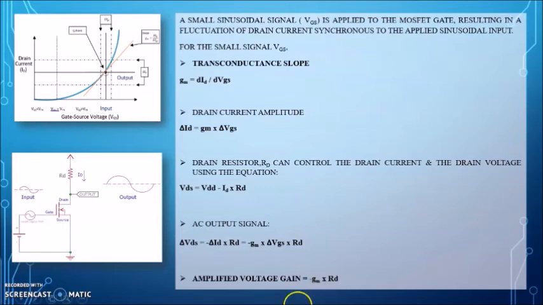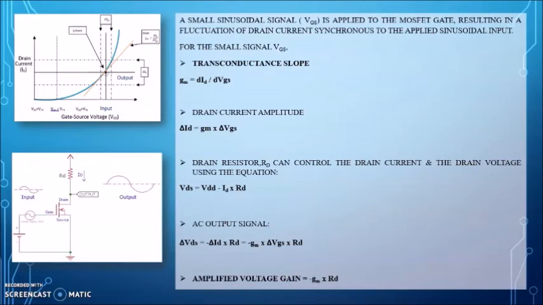For the small signal VGS, the transconductance slope gm equals dID over dVGS, and the drain current amplitude id equals gm multiplied by the difference of VGS. The drain resistor RD can control the drain current and the drain voltage using the equation VDS equals VDD minus ID multiplied by RD.